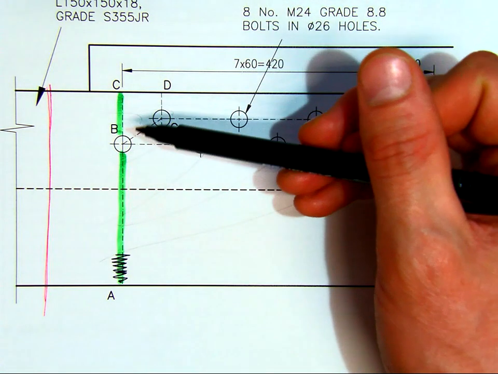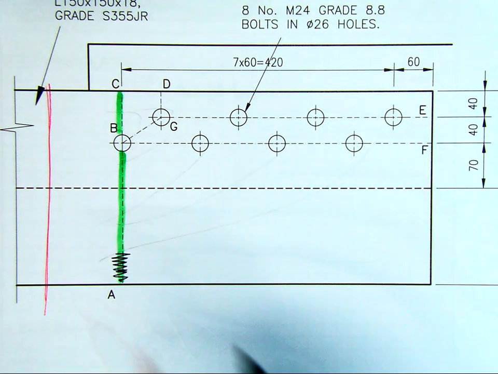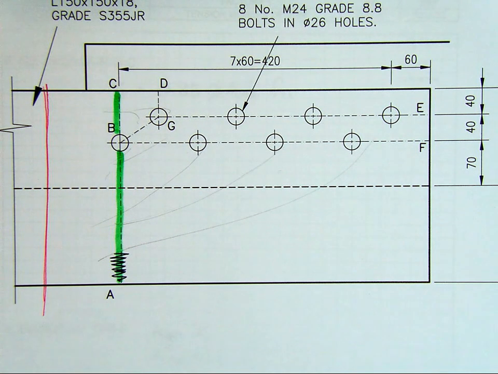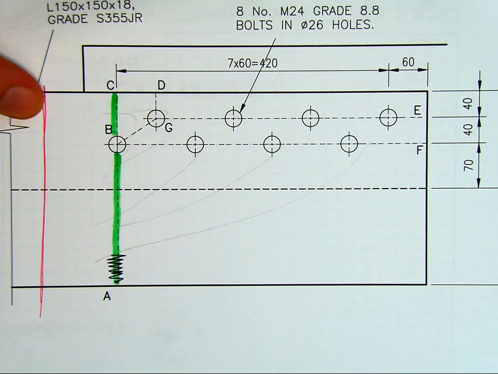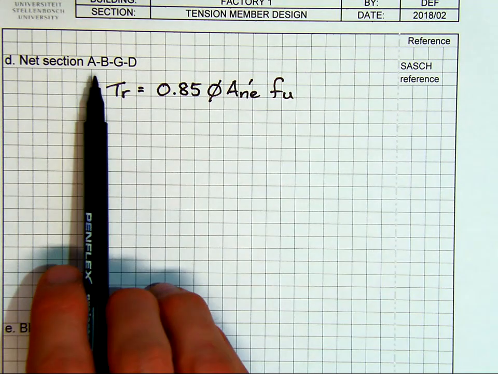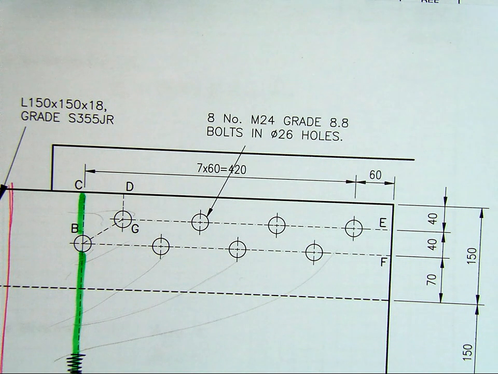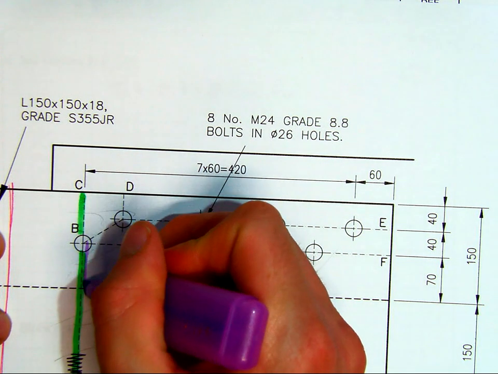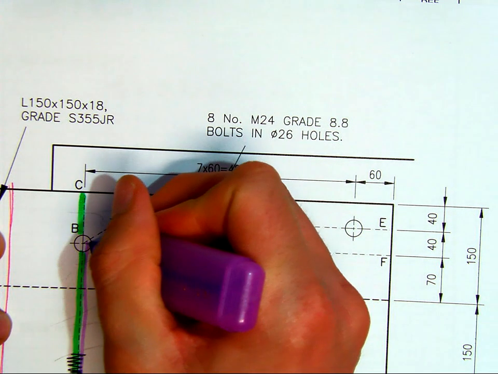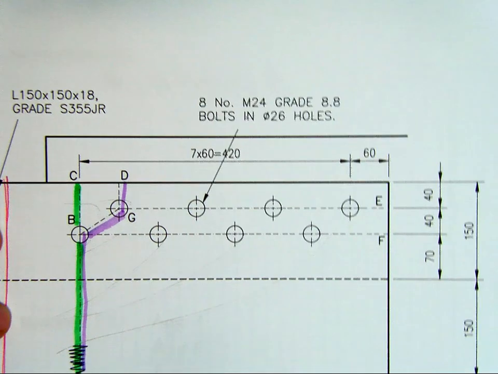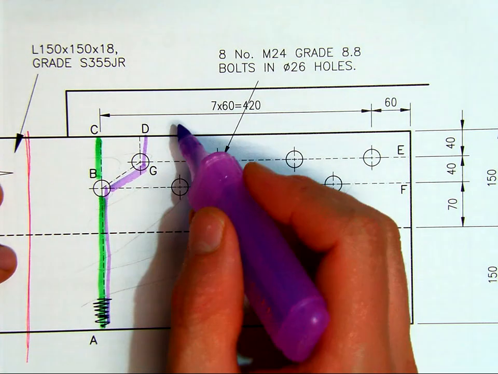We've checked our net area, where this is not fully effective, that last section. And then what we are going to do is come back to ABGD. So I'm just going to highlight that. So there's our section ABGD.